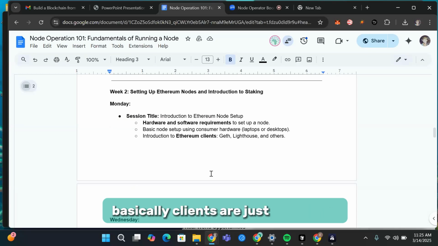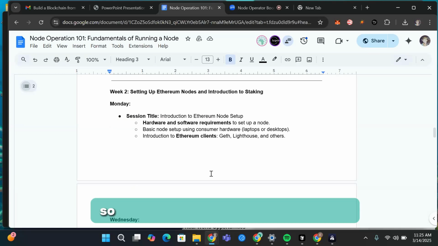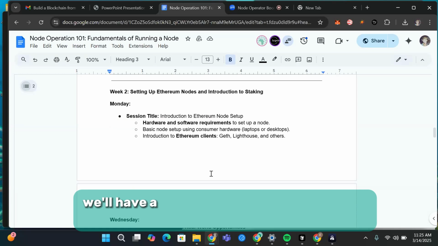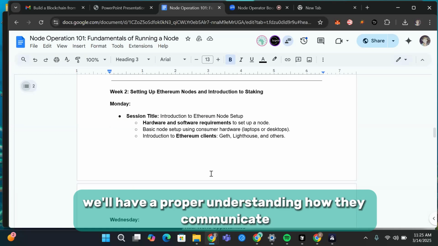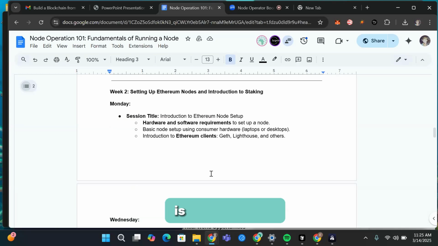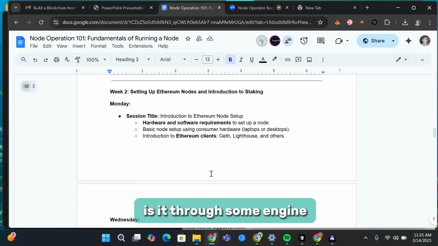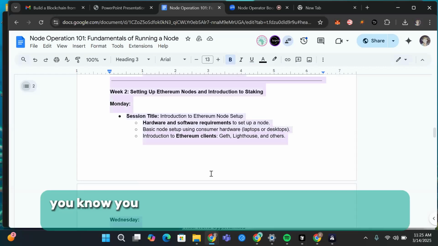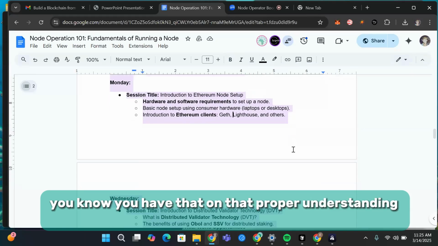Basically, clients are just software. So how this software works together, we'll have a proper understanding of how they communicate. Is it through an API? Is it through an RPC call? Is it through some engine? You have that proper understanding.